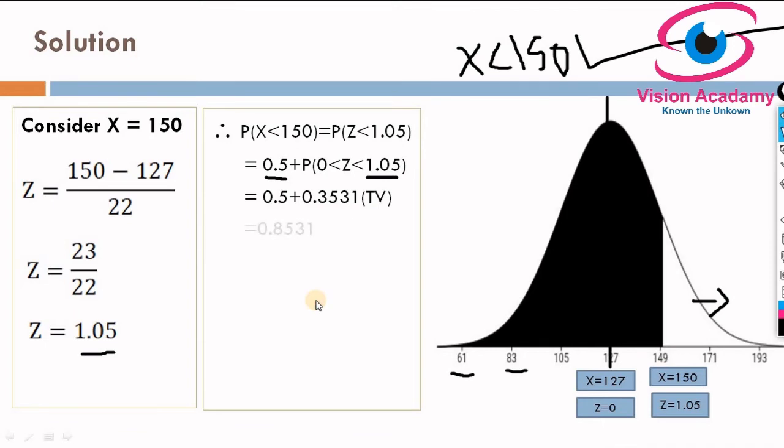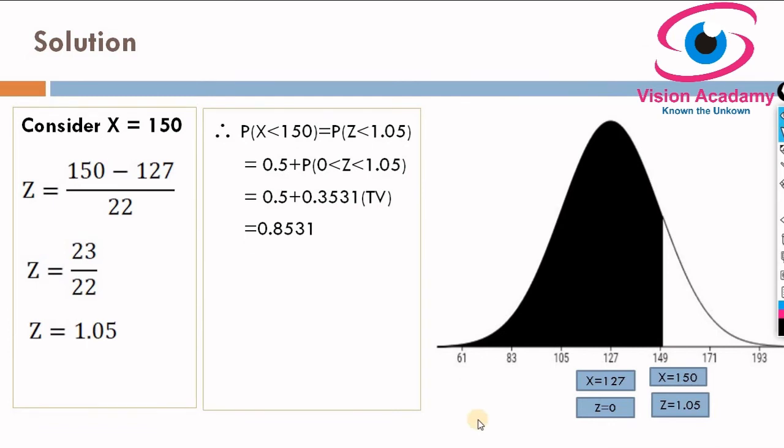And when we add these together, our whole interested area is 0.8531. The block shaded area in this given normal curve is 0.8531, which can also be converted into a percentage, that is 85.31% of the semiconductors are going to be accepted.